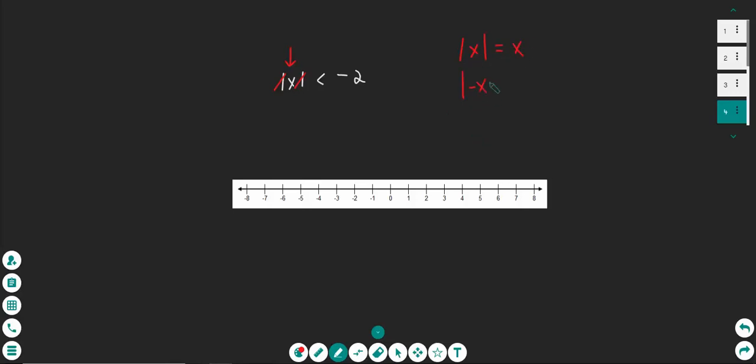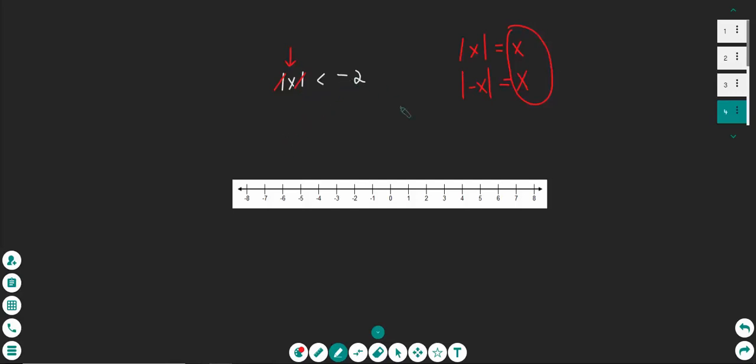If it's a negative x, well, then the absolute value is going to be an x still. You always end up with a positive answer to an absolute value. So no matter what I plug in for x here, I'm always going to get a positive answer, and a positive answer is always going to be greater than a -2, because a -2 is negative, right? So I will never be able to find something that's less than a -2.